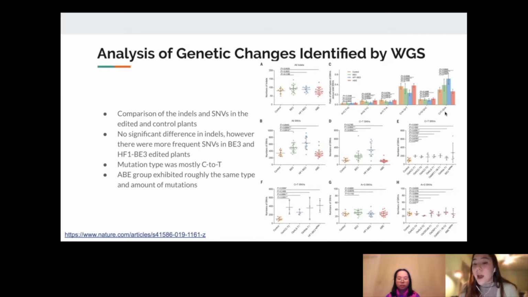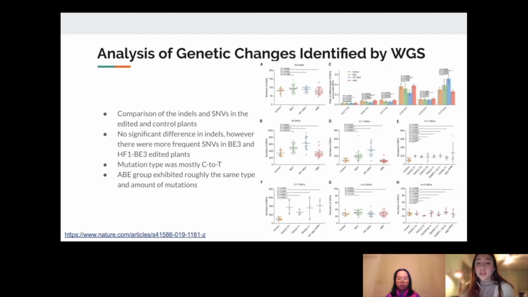But if we look at the C to T and G to A transformation that's listed on the right side of the graph, we can see that the green and blue, which are the BE3 and the high fidelity BE3, plants exhibit a higher number of C to T transformations than the control and the adenine base editors do.